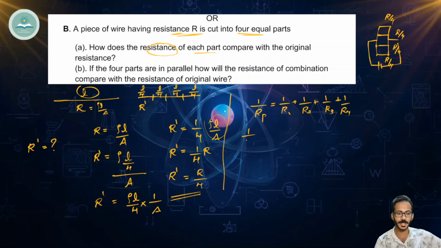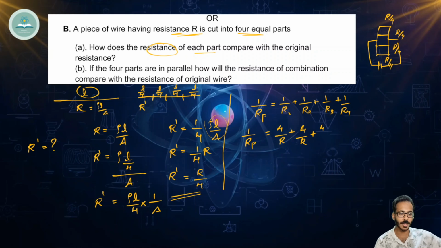So again, 1 by Rp is equal to 1 by R1, the reciprocal of the first resistance R by 4, which becomes 4 by R, plus the reciprocal of the second resistance, 1 by R2. R2 is also R by 4, so I write 4 by R again.